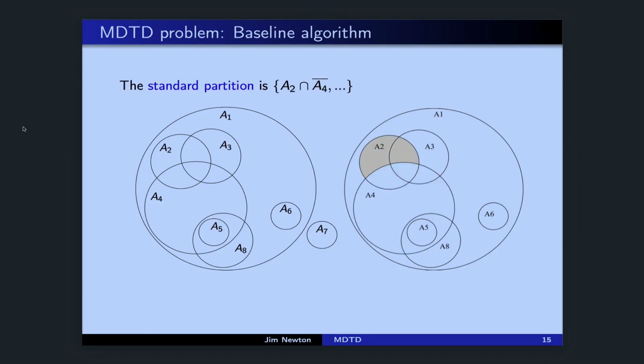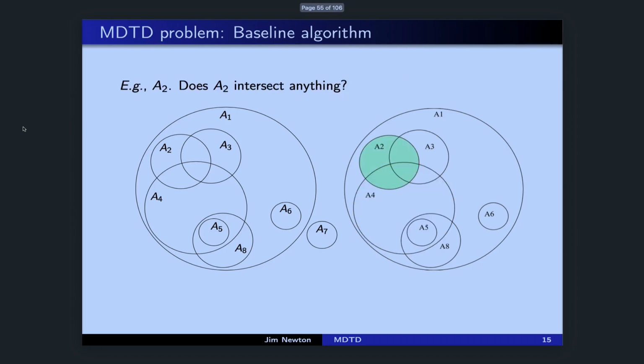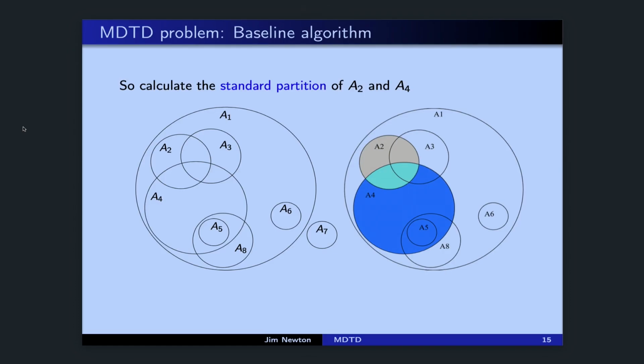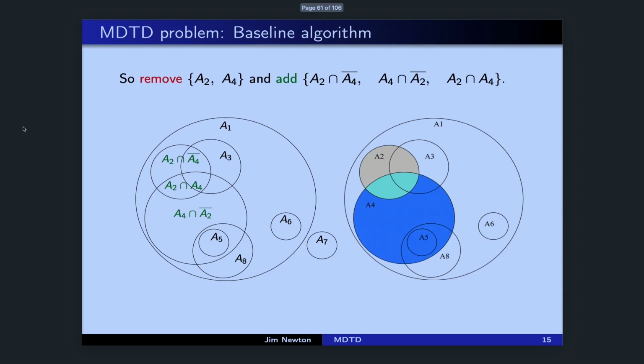The colors are different than on my laptop anyway. So the three types there: A2 and not A4, A4 and not A2, and then the intersection of the two. So then we take those two, A2 and A4, out of the set and add in the three new types that we've derived.